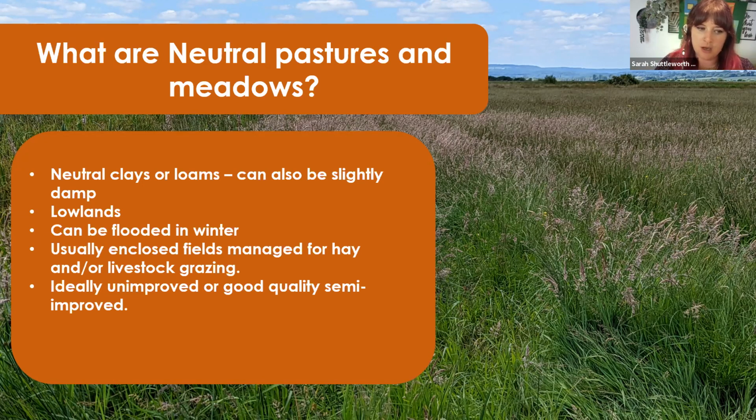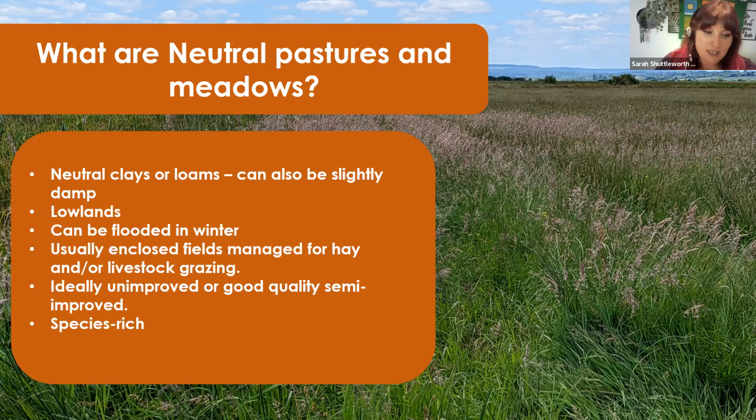We want to look at the ones that are unimproved, which means they've been traditionally managed for a long, long, long time, often nature reserves and things like that. Or we're looking at more that good quality semi-improved. So it hasn't really been intensively improved with lots and lots of fertilizer or ploughed up or anything, but perhaps it's not quite as good as your classic nature reserves full of species.